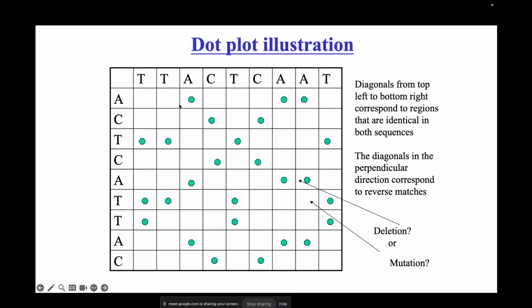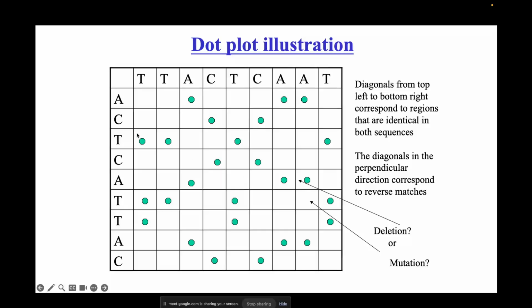See, let us call this protein A and this protein B. The third position of protein A matches the first position of protein B, so you have a dot here. And if it does not match, you don't have dots here. So diagonals from top left to bottom right correspond to the regions that are identical in both sequences, and the diagonals in the perpendicular direction correspond to reverse matches, which tells you about inverted sequences.